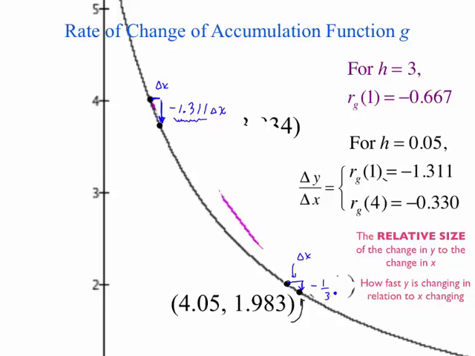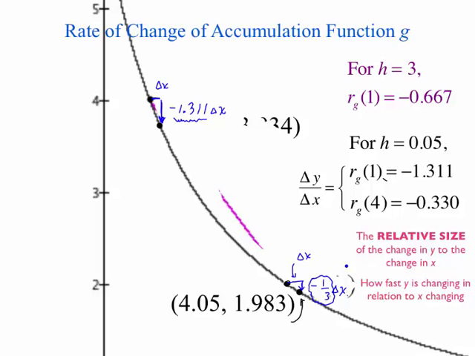So I'll just write that, it's easy to write, because that's about negative 0.33 delta x, sorry, delta x, thank you. So this rate of change tells us how much y changes relative to a little change in x.